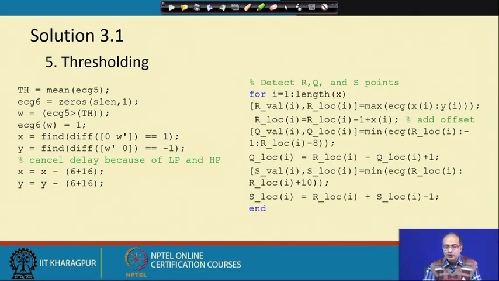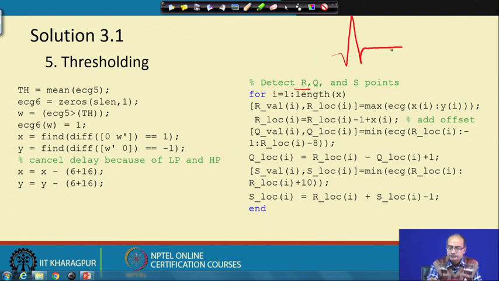So, next we would like to find out the location of the R wave first. I hope you recall that the QRS complex looks like this. This is Q, this is R, this is S, and x and y are giving us the bound within which that peak is lying. So, first we look for the R value.